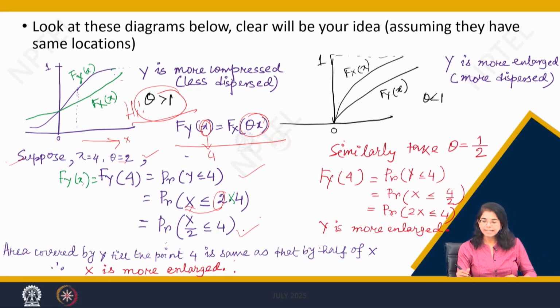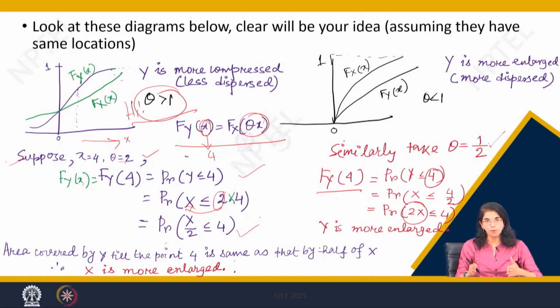Similarly, take θ equal to half. Have a check over this picture, that is F_X(x), and the lower curve is F_Y(x). Y is more enlarged. More enlarged means F_Y(4), which is Y less than or equal to 4, this probability is the same as the probability taken by twice X. Clear?